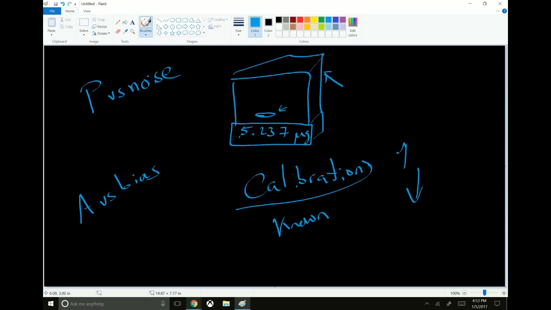Your balances will usually have a little button that says 0/T. That means you zero it out, or you tare, T-A-R-E. You're taring the measurement. You're just telling it to go to 0, and then whatever I put on there, that's what you weigh. So there are different ways of eliminating bias, but they all basically come down to calibration. So calibrating your equipment is also fairly important.